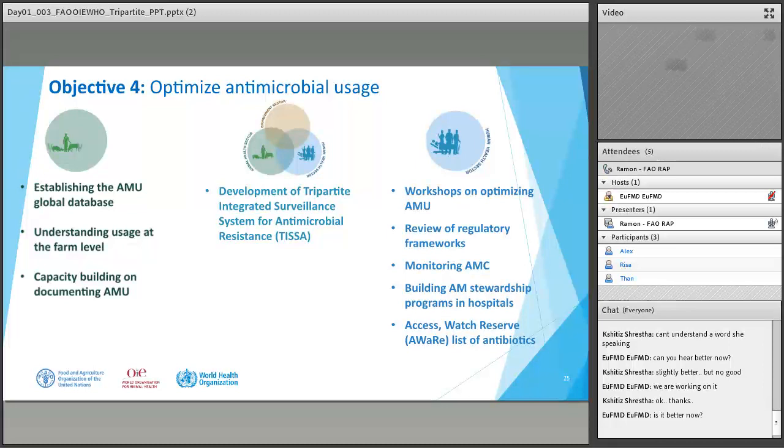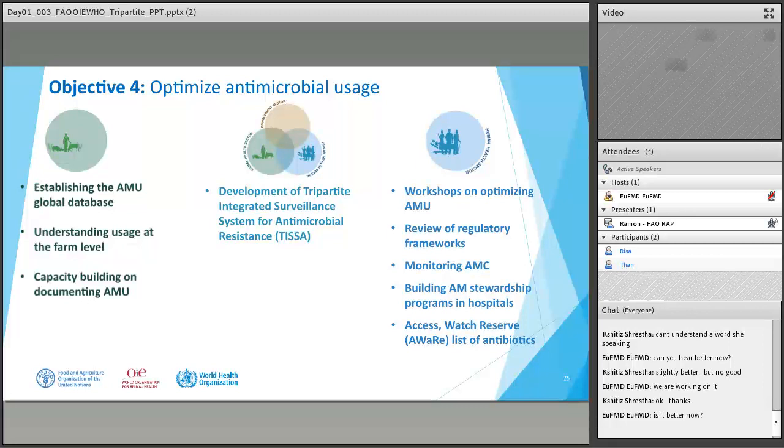Then we try to understand usage at farm level. FAO is doing a lot of activities in regional countries to understand this, doing KAP surveys and farm-level studies on antimicrobial usage. Also, both organizations do a lot of activities to improve the understanding of implementers on how to do antimicrobial usage surveys, how to collect data, and how to report data.